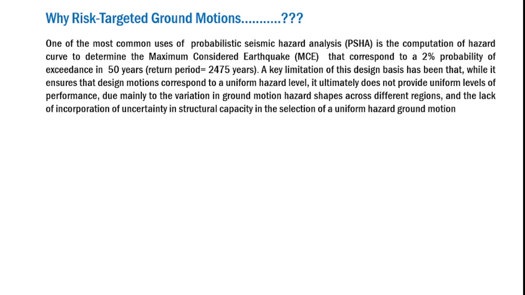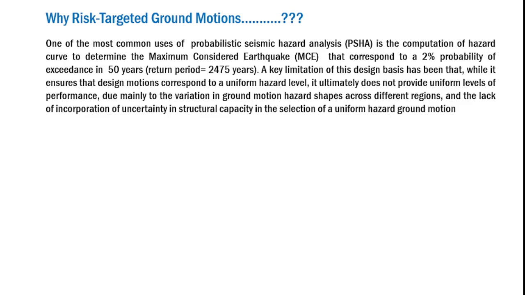But the question is, if I design a structure using this uniform hazard design ground motion, does it really provide uniform levels of performance? The answer is a big no. While it ensures that the design motions correspond to a uniform hazard level, it does not provide uniform levels of performance.